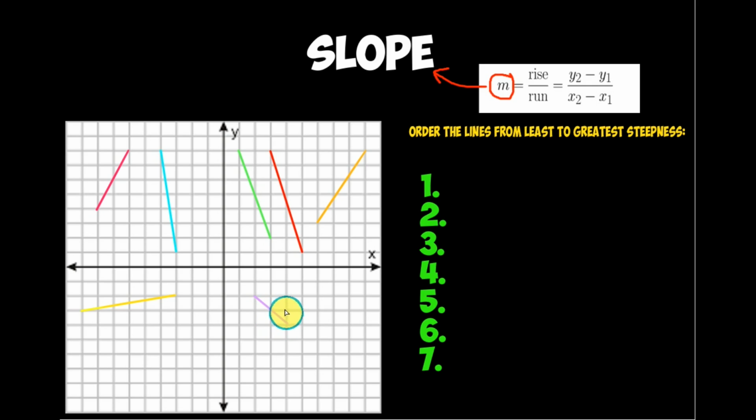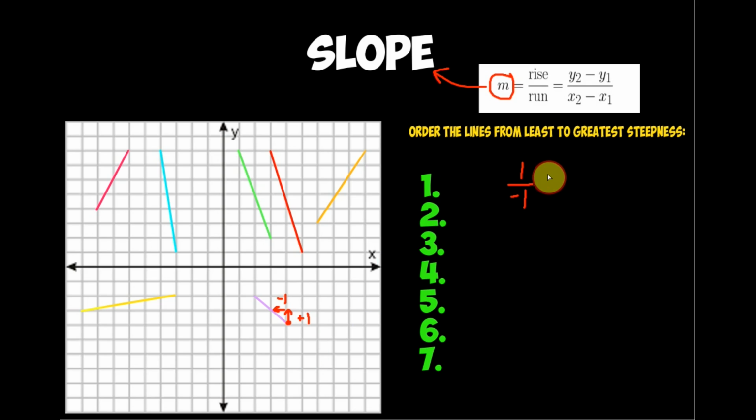Then I can go left or right for the x, which is my run. I'm gonna go left, which makes this -1. So we start here, we go up 1, that is +1, and then we go left 1, so that's going to be -1. If we went right, it would be +1. So if we write this down, our rise was 1 divided by our run, which was -1.